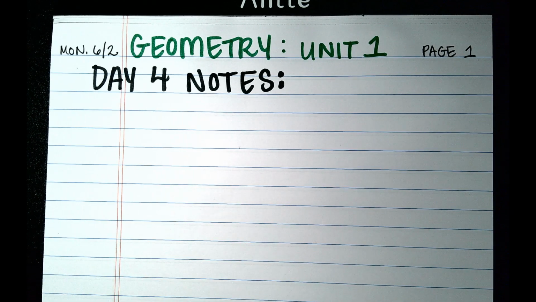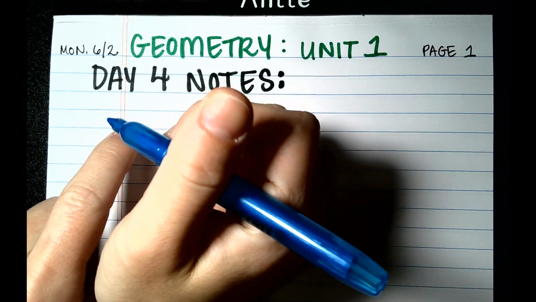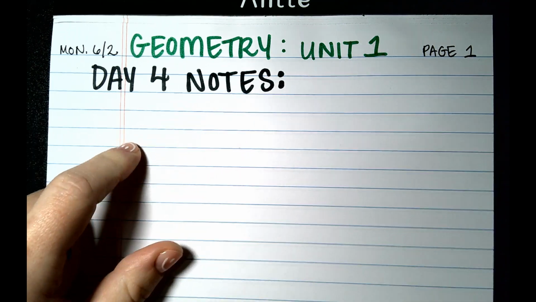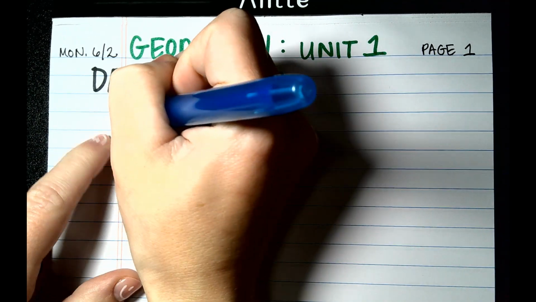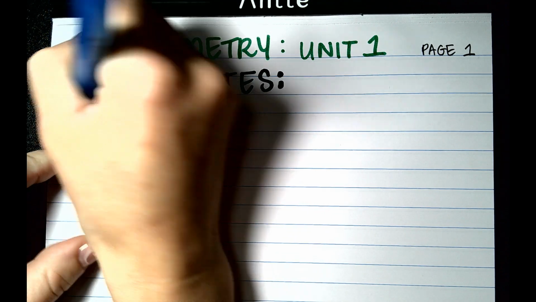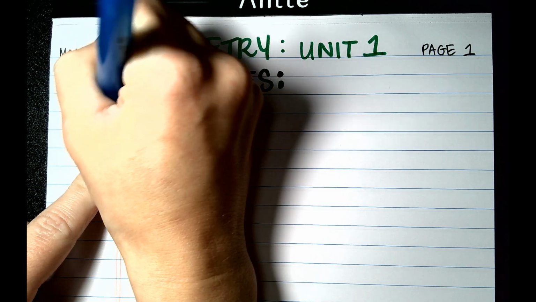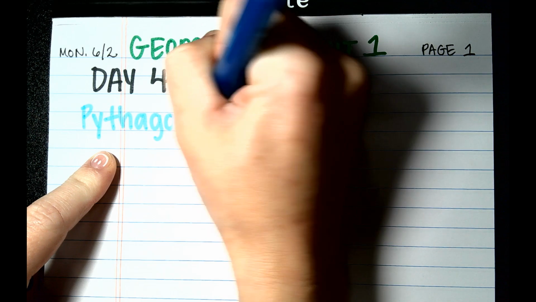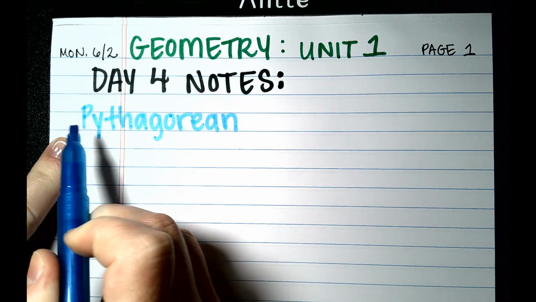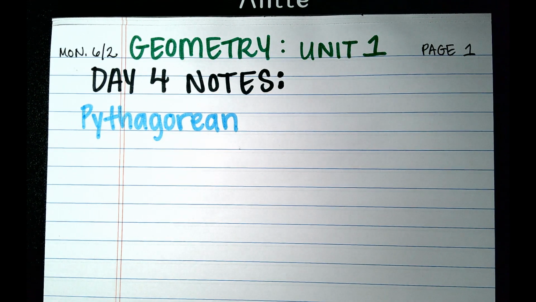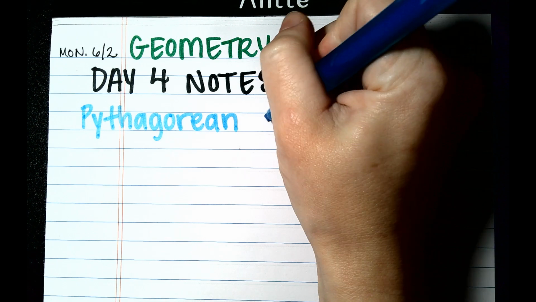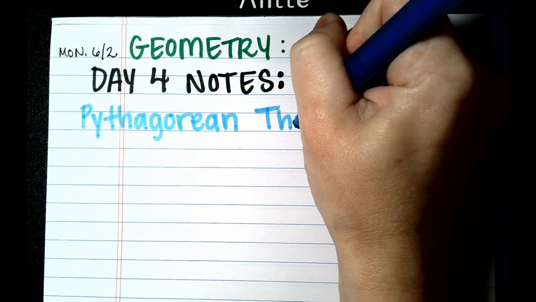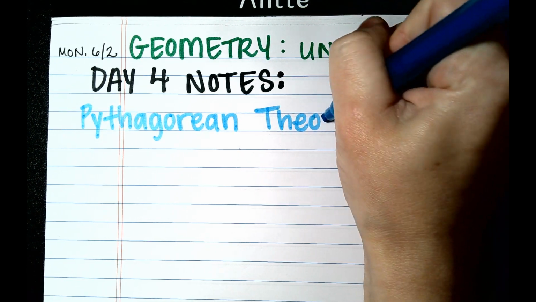So I want to write a big word up here. And you're not gonna need to know this word until unit 2, but I'm just gonna at least give it to you. It's called the Pythagorean Theorem. Wow, that's a big word.